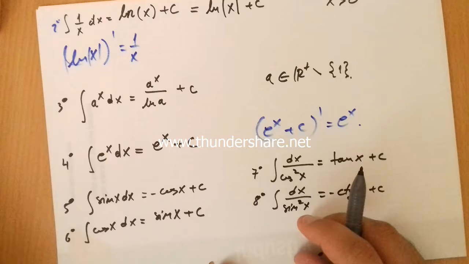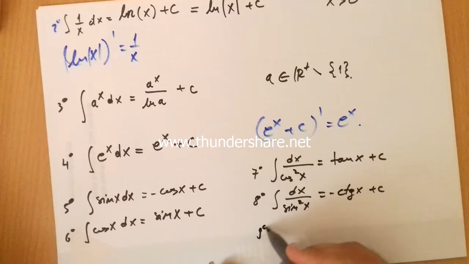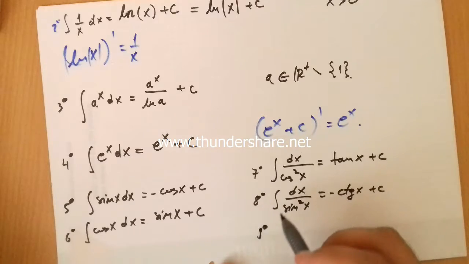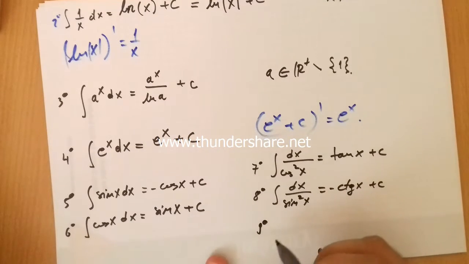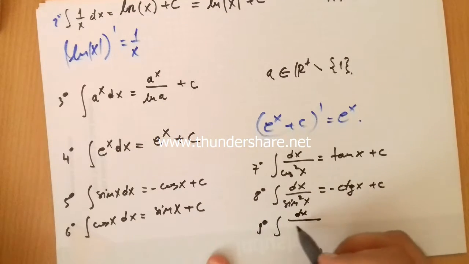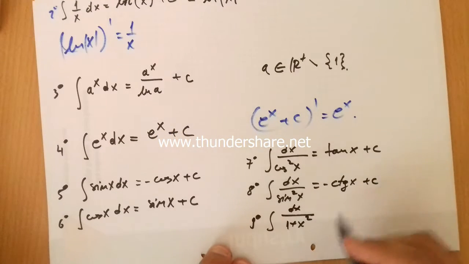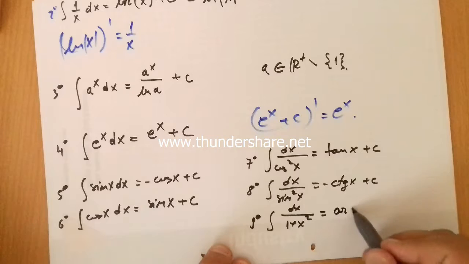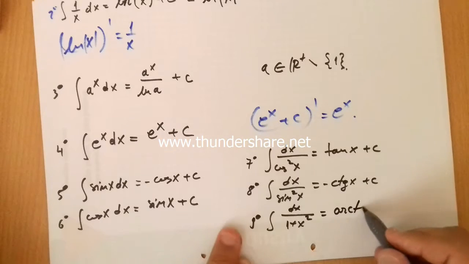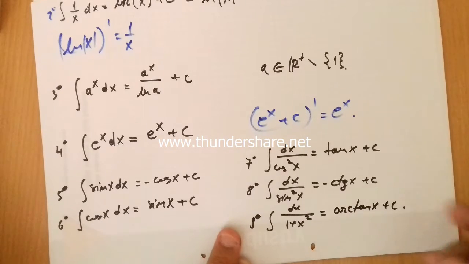And one other one is dx over 1 plus x squared, which is arctangent of x plus c.